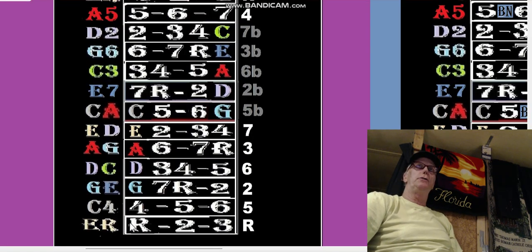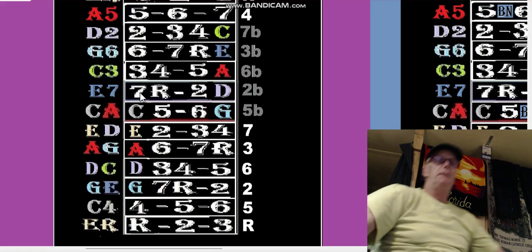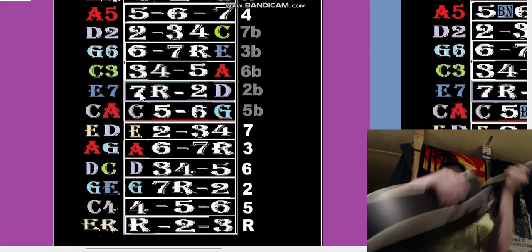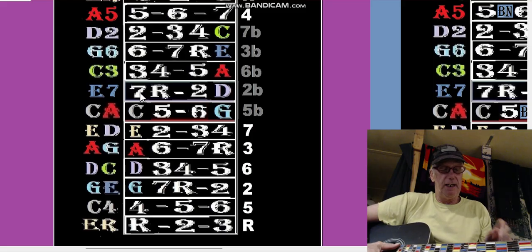Here's our modals: root, 2, 3. Then we have 4, we have 5, we have 6, and we have 7. That means you can start and make this C, or your E there, you can make that E anything.